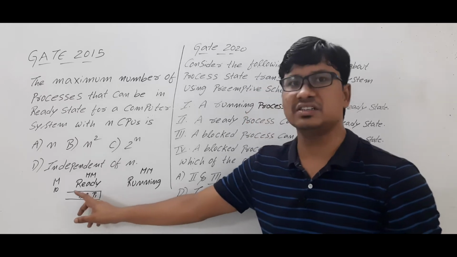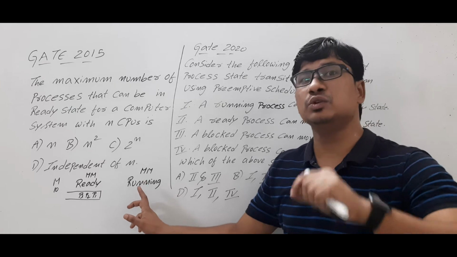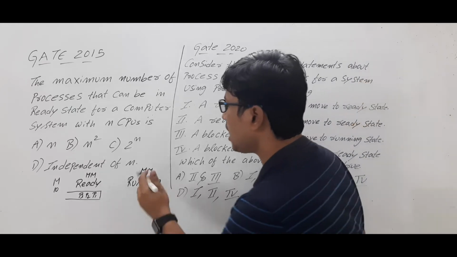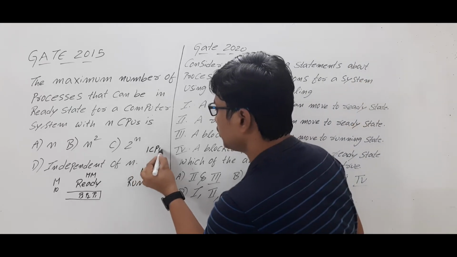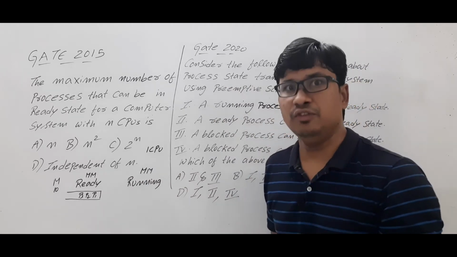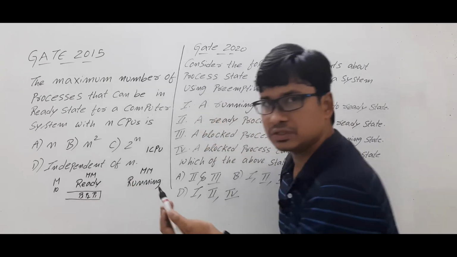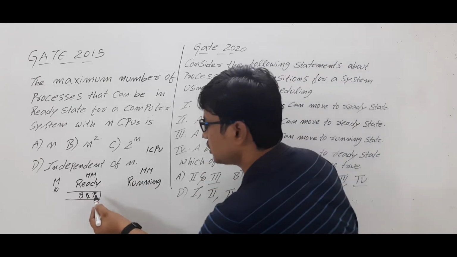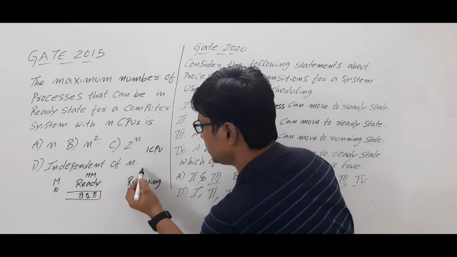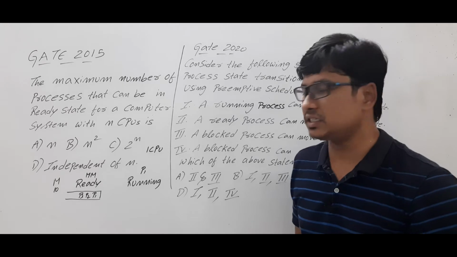But out of this 10, only one process will be dispatched to the running state if you have one CPU. If you have one CPU, meaning is that you have one processor. If you have one processor, then among these processes which are there in the ready queue, let's assume that P1 has been dispatched. So P1 can be executed. Is it clear? Are you able to understand it or not?